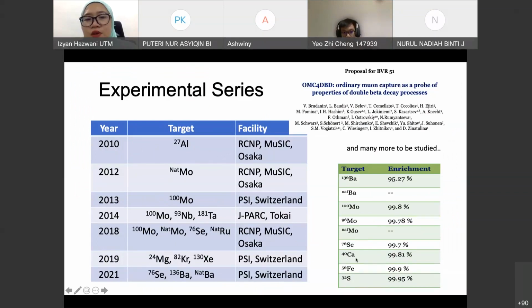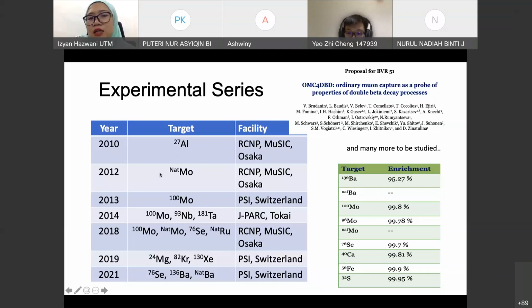Even though you see that we have some repetitive experiments, this is because we do not only measure one physics, but we measure partial capture, total capture, gamma rays and so on. So we wanted to have intensive experiments, so we repeat them again and again.